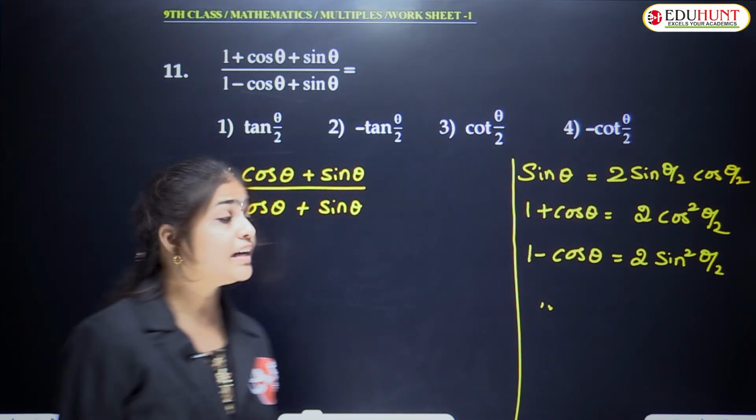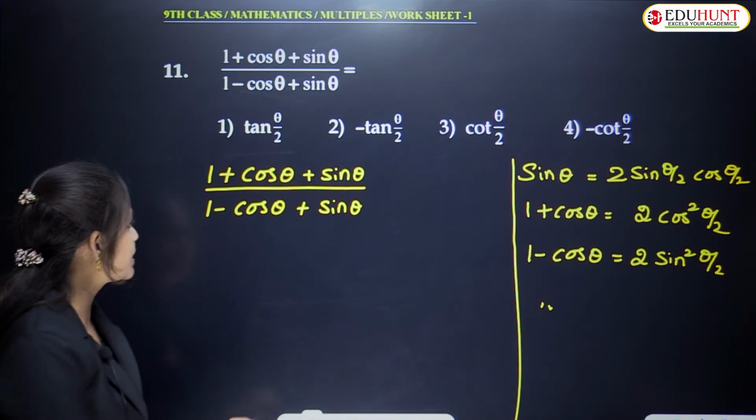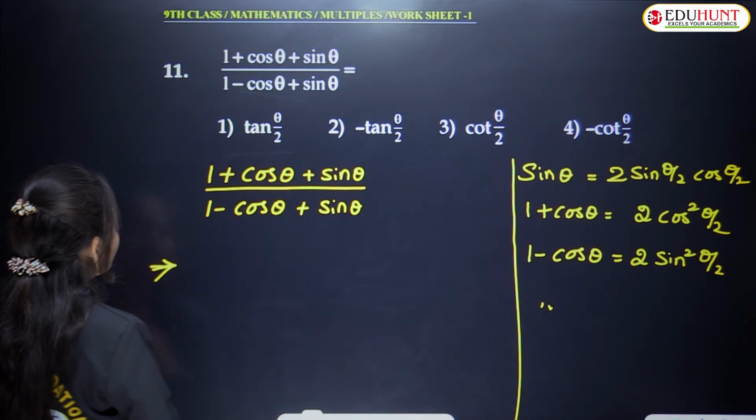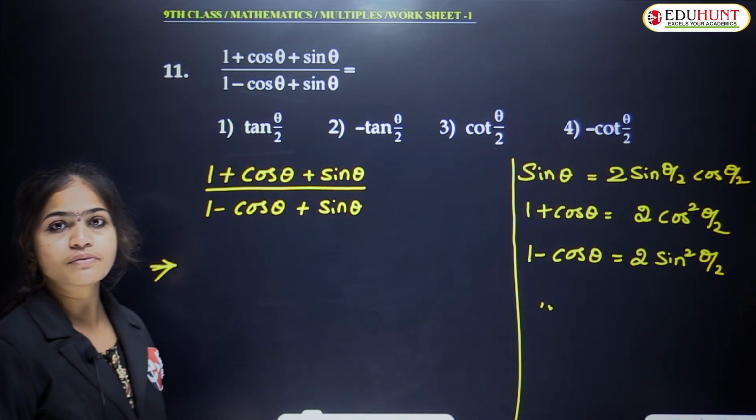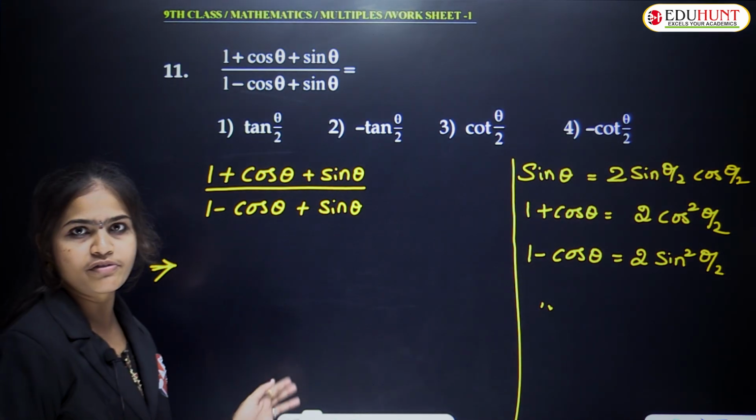These 3 formulas we have to apply here, and after applying them we will get the answer. It is easy. Children, for this type of question, first we have to learn the formulas, because without formulas we can't simplify this.